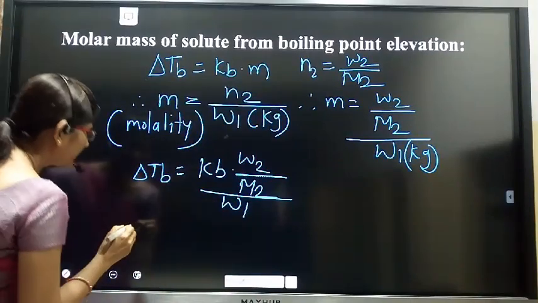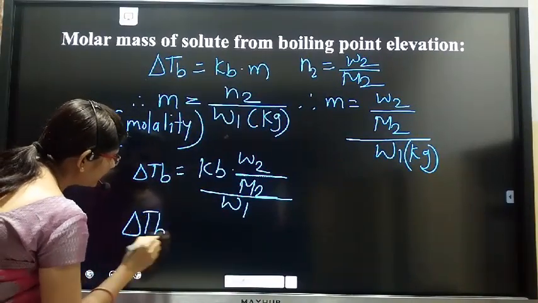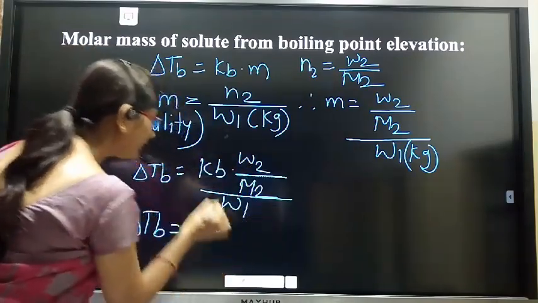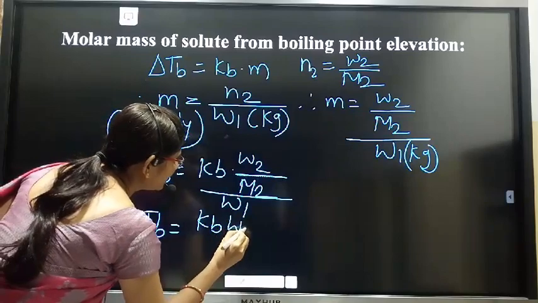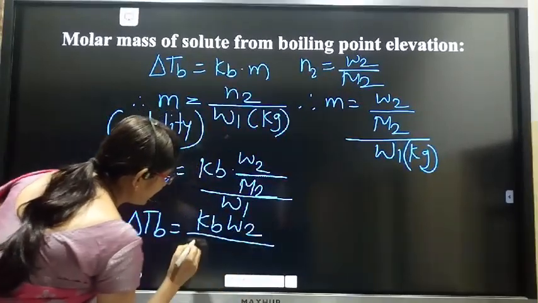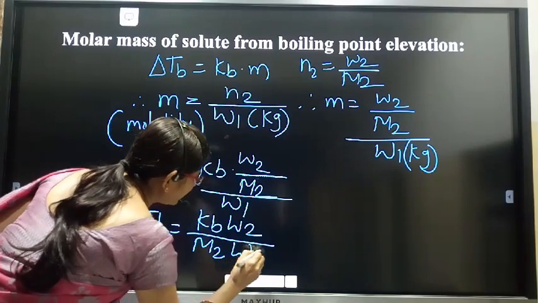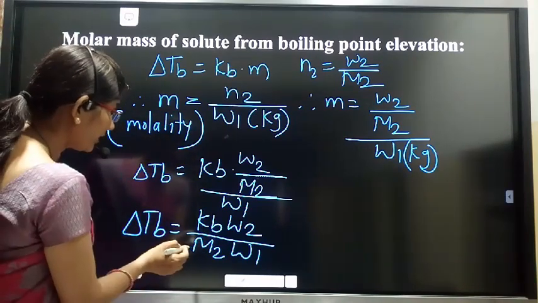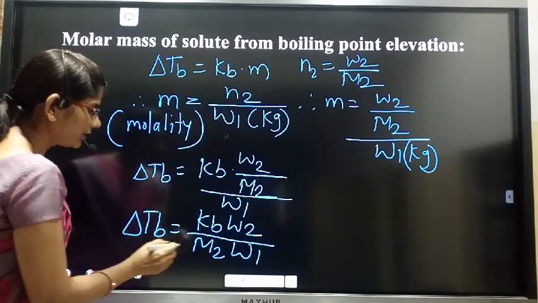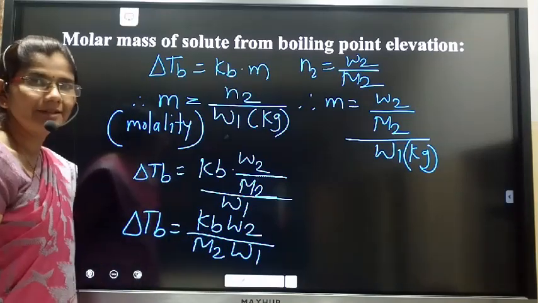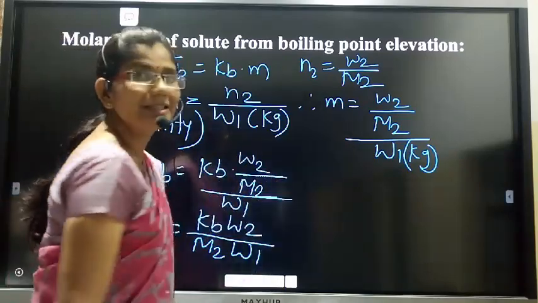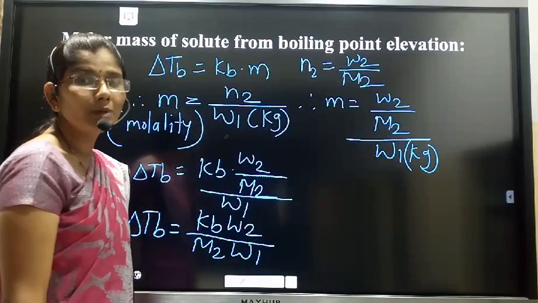If we simplify this, we get Kb W2 upon M2 W1, so this is the relation between the molar mass of the solute and the elevation in boiling point.